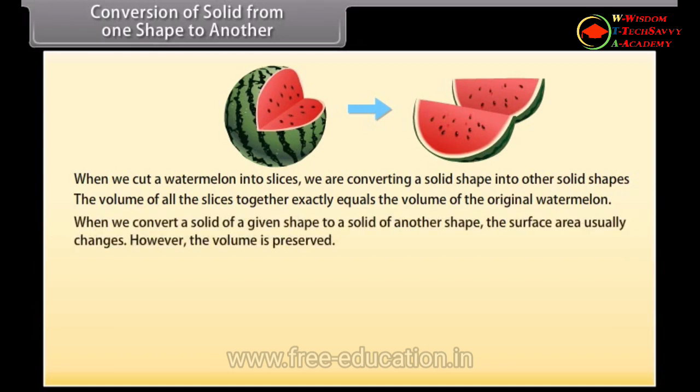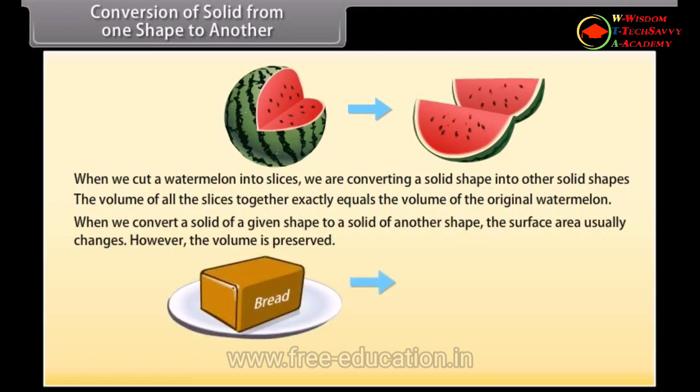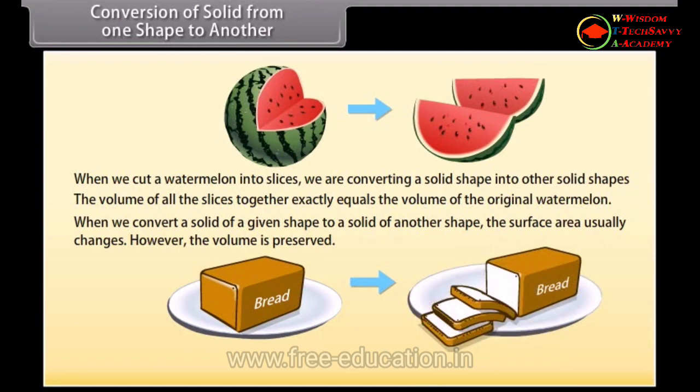When we convert a solid of a given shape to a solid of another shape, the surface area usually changes. However, the volume is preserved. Similarly, in case of cutting bread into slices, we convert a solid shape into other solid shape. The volume of all the slices together exactly equals the volume of the original object.